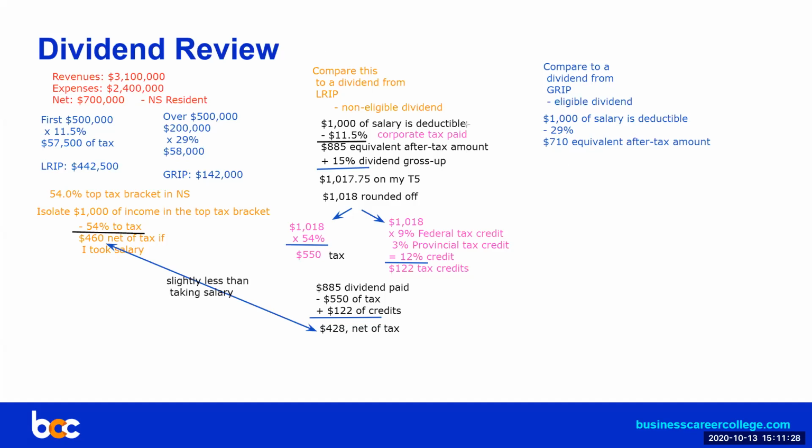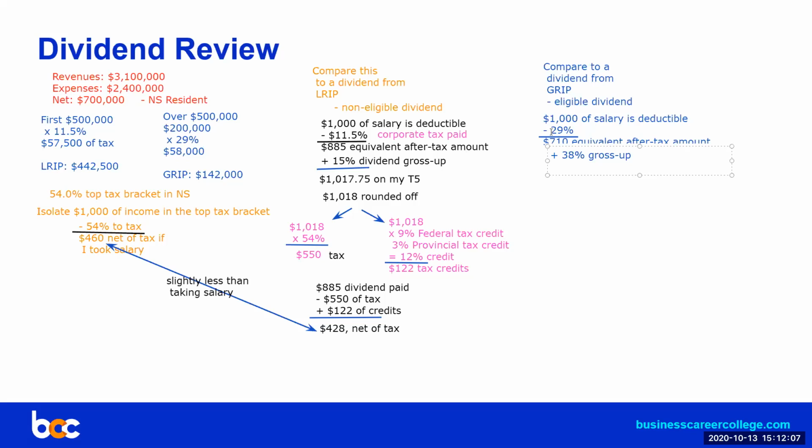And this time we're dealing with a different gross up and credit mechanism. Okay, this time that $710 will get grossed up by 38%, sorry.